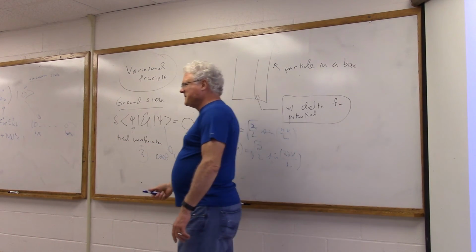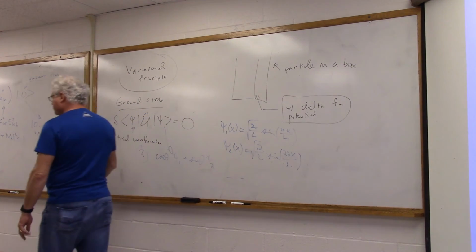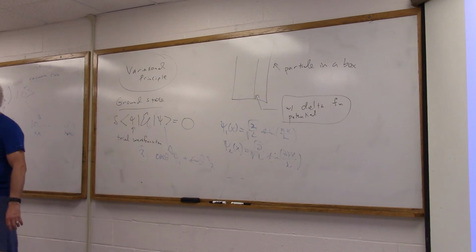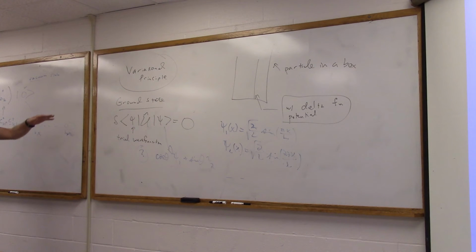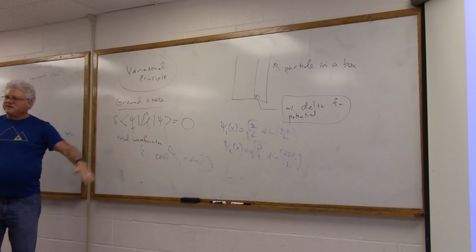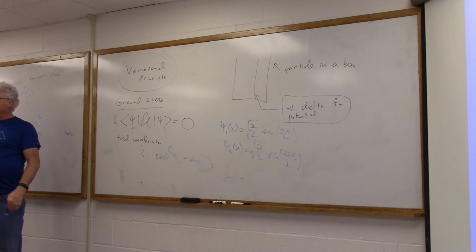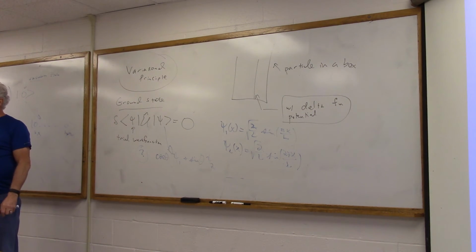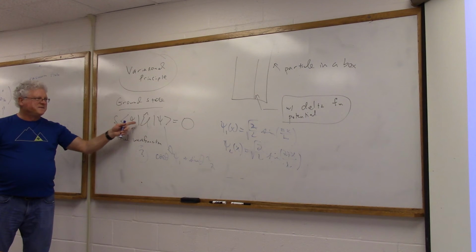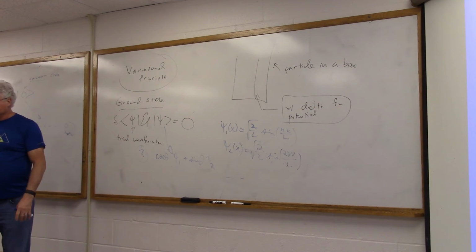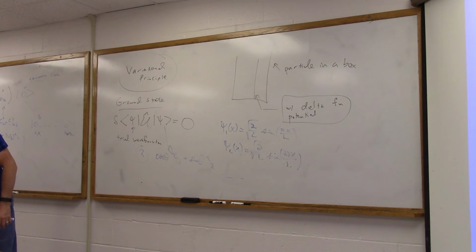And there was actually somebody, I can't remember which one it was, but somebody a long time ago showed that with this type of variational principle, the expectation value that you end up computing ends up being the upper bound for the highest possible value that the ground state energy can be. So the closer your guess is in your trial function, the closer you are to the actual ground state energy for the system.